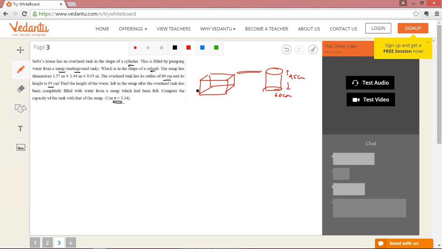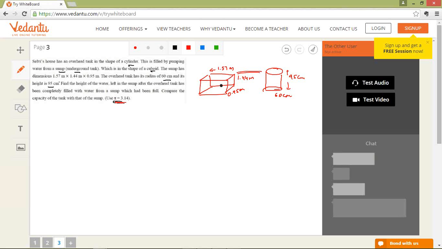If you notice here, dimensions of cuboid and cylinder are different. So what we'll do, we'll try to convert centimeter into meter. So this is 1.57 meter, 1.44 meter, and this is 0.95 meter. You can convert meter into centimeter also, that is not an issue. And be careful, use pi equals 3.14.